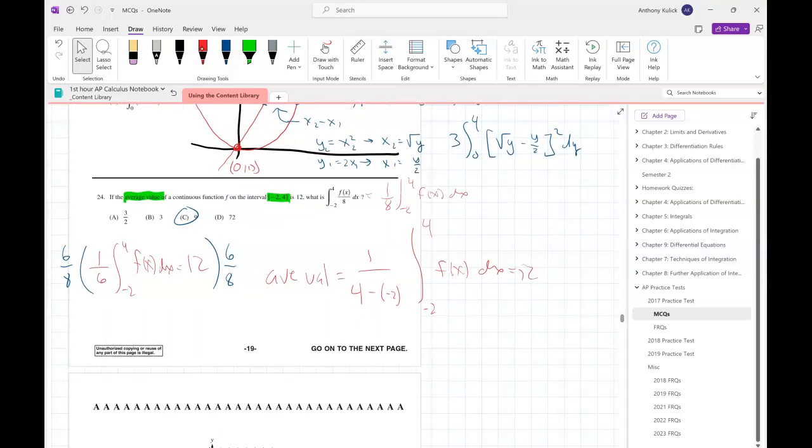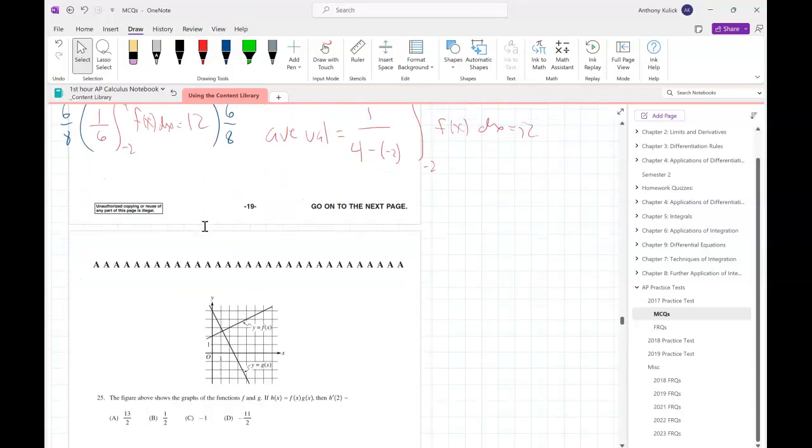The presentation was a little unusual, right? But if you recognized what was going on, oh, I just multiplied 12 by 6/8. Like, whoa, pretty easy, but recognizing that was not trivial.